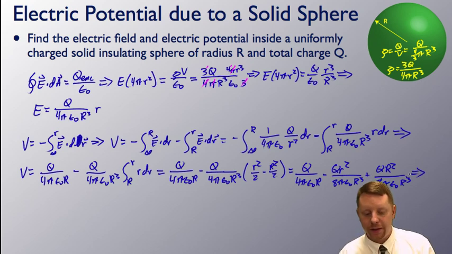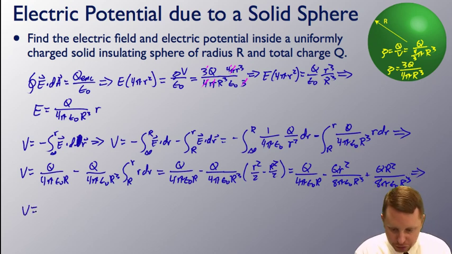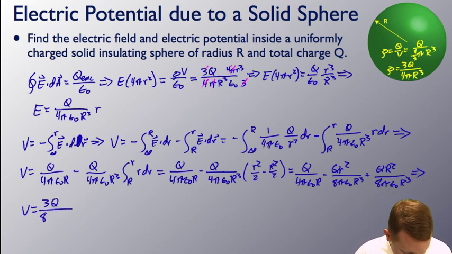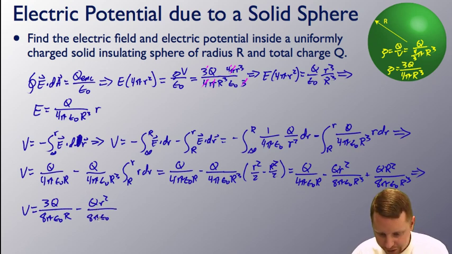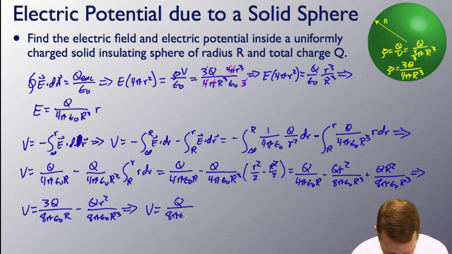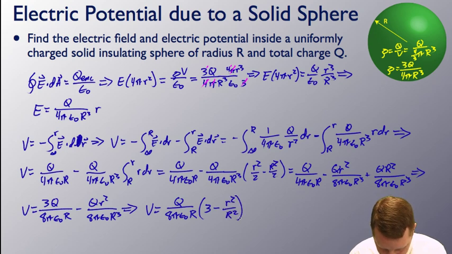With a little bit of simplification, our potential is going to be 3Q over 8 pi epsilon naught capital R minus Q little r squared over 8 pi epsilon naught capital R cubed. Or let's do one more simplification step: the potential must be Q over 8 pi epsilon naught capital R times 3 minus little r squared over capital R squared.